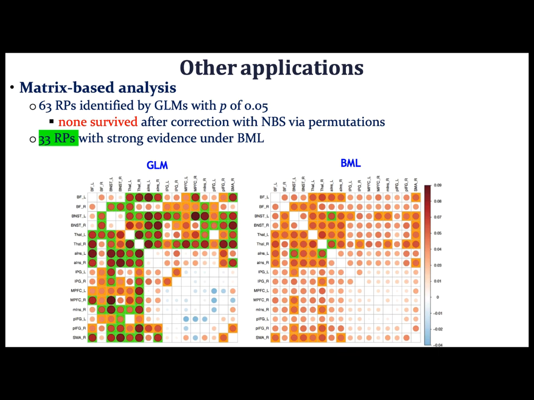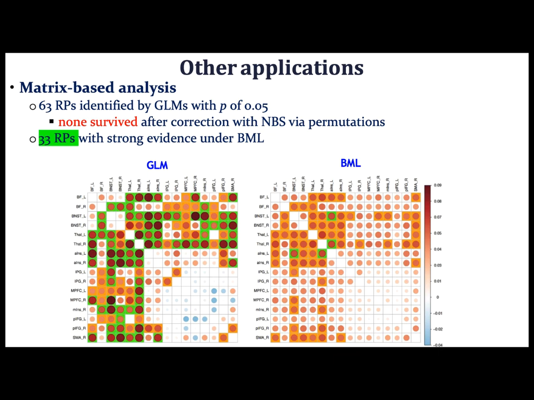The traditional approach is pretty much similar to the massively univariate approach. You analyze each element, each correlation value, separately in that matrix, right? So that's the group level, the traditional approach, general linear model. With the Bayesian approach, I build one model. So I end up with this.